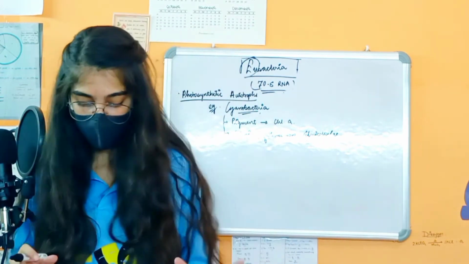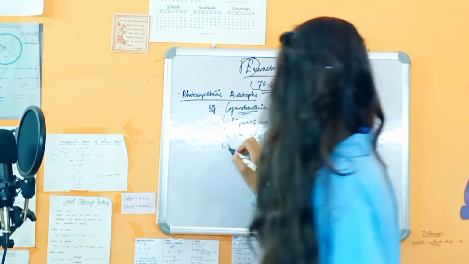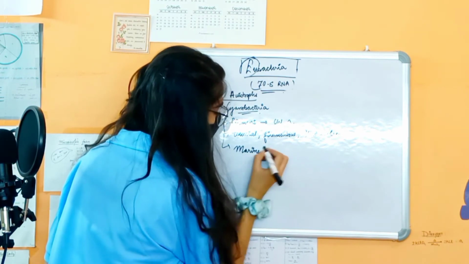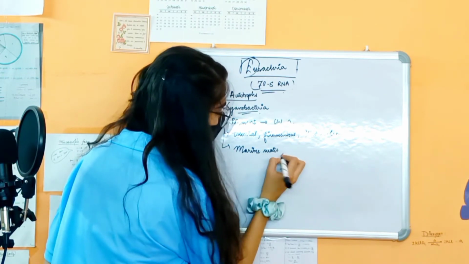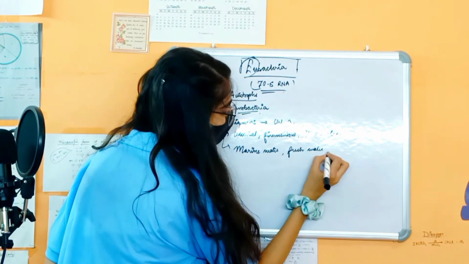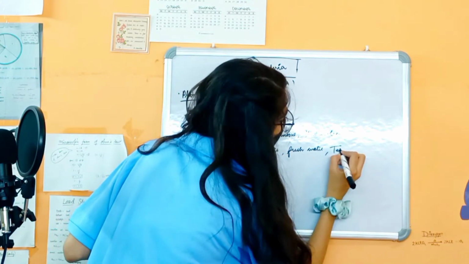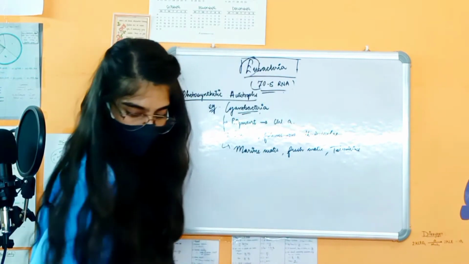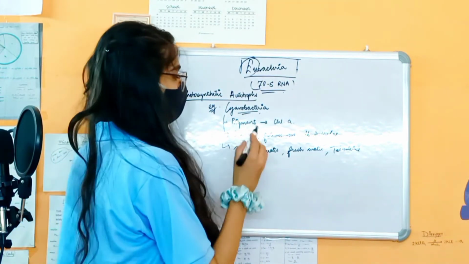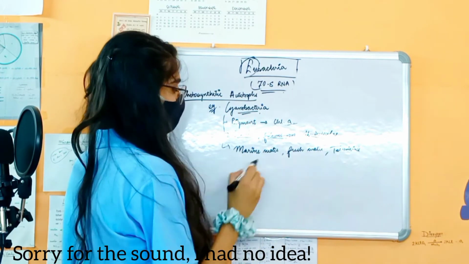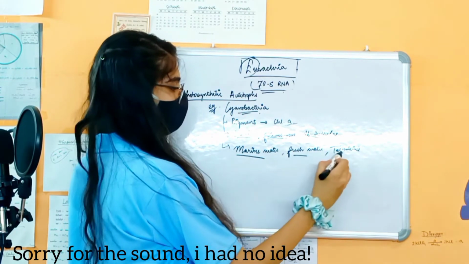The next point is they are present in marine water, fresh water, and they are also terrestrial. So the cyanobacteria have the pigment chlorophyll A. They are colonial, filamentous, unicellular. They are marine, freshwater, terrestrial.